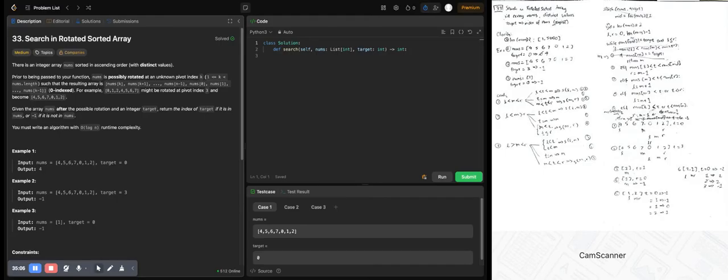Let's see what we got here. 0, 1, 2, 3, 4. 4 plus 6 is 10. Then we get 5. 0, 1, 2, 3, 4, 5. So left, mid, right.